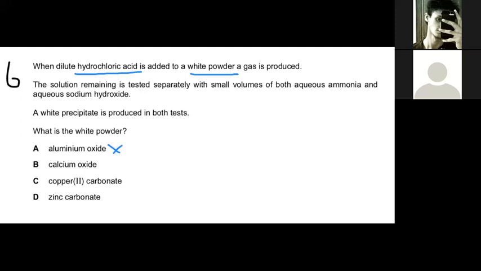So those are not the correct options. Now with copper carbonate, on adding the reagents ammonia or sodium hydroxide, a blue precipitate is formed, whereas over here a white precipitate is formed. With zinc, a white precipitate is formed, therefore D is the correct option.